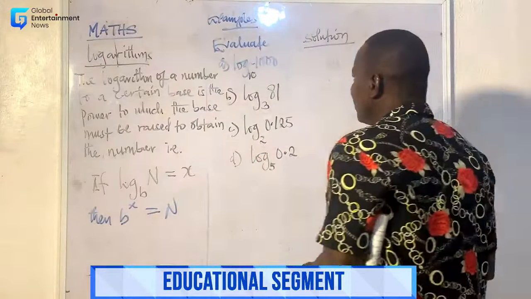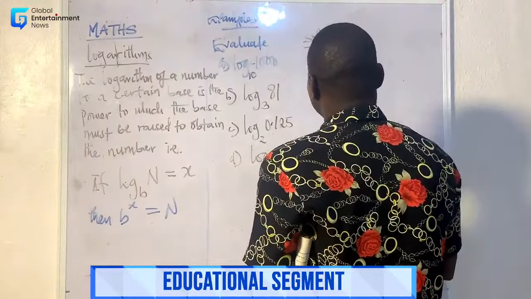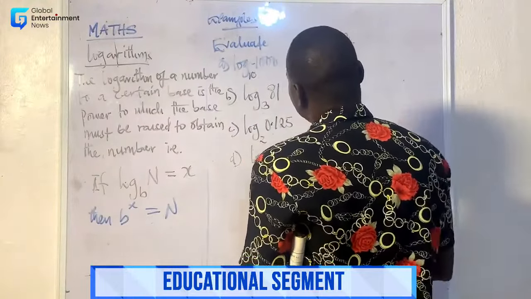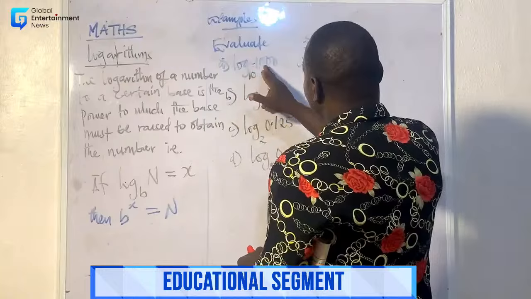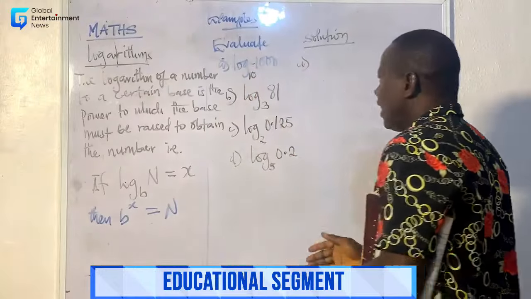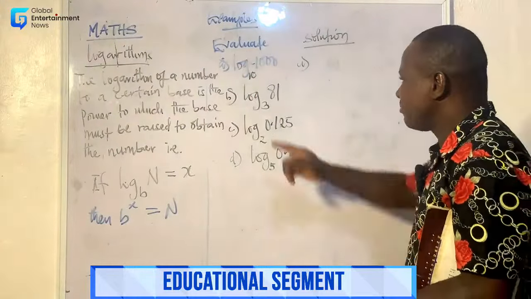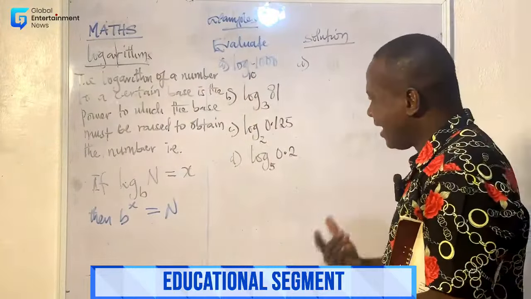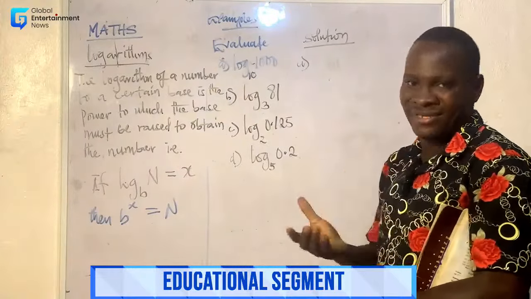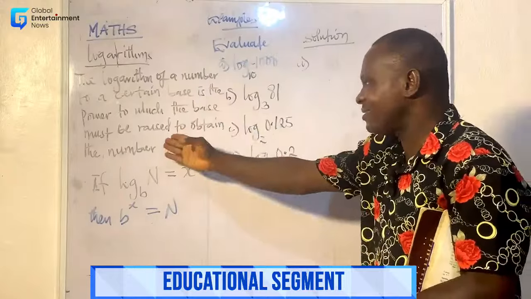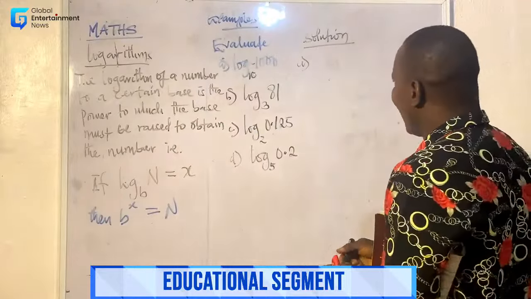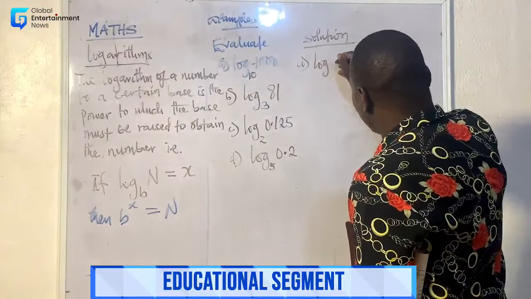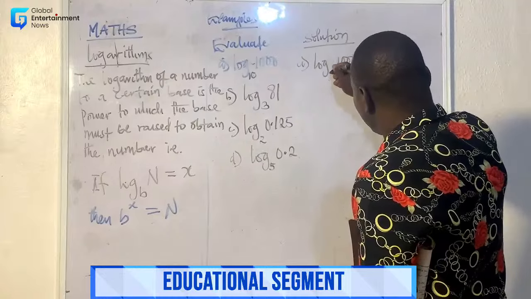The first one is log 1000 base 10. And if you could remember, what is the base here? 10. The base must be raised. Remember, the base must be raised. Now, the question is log 1000 base 10.